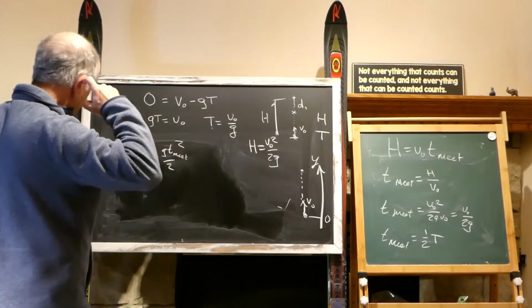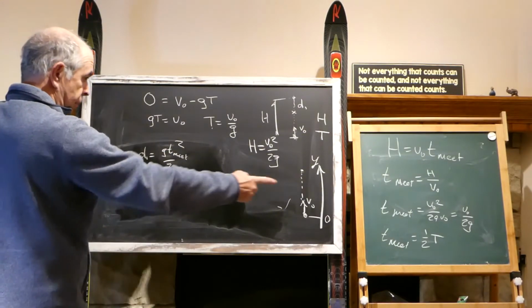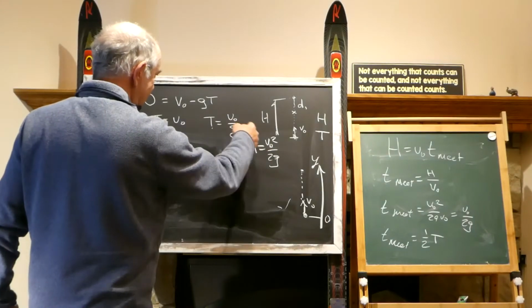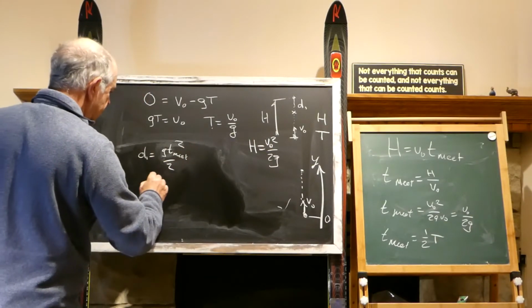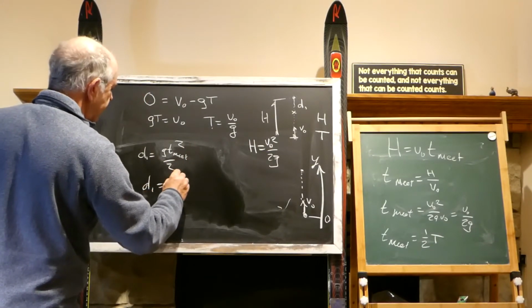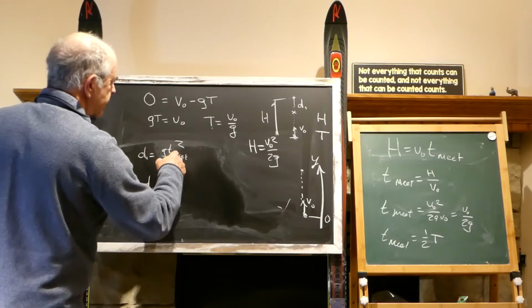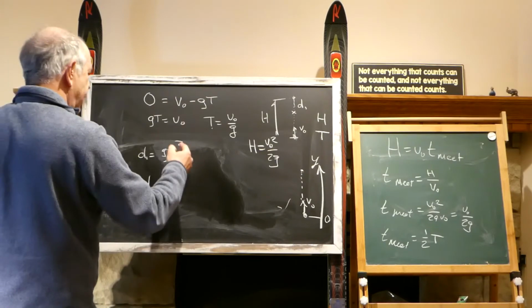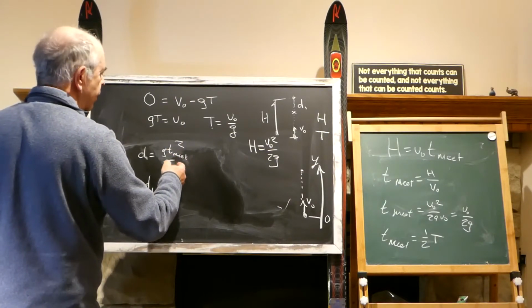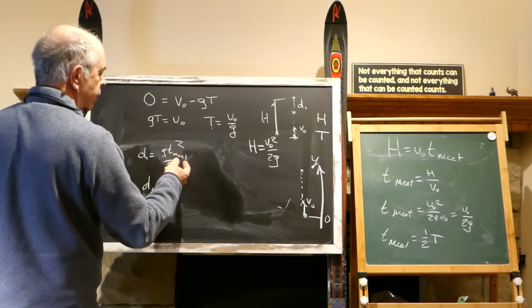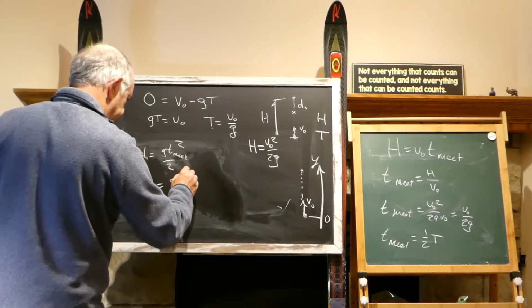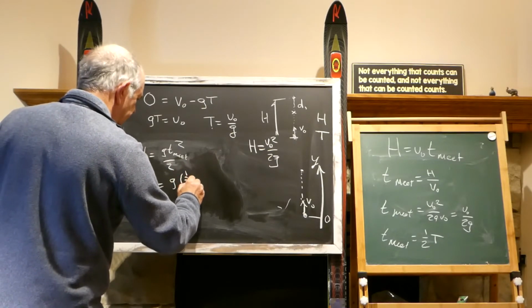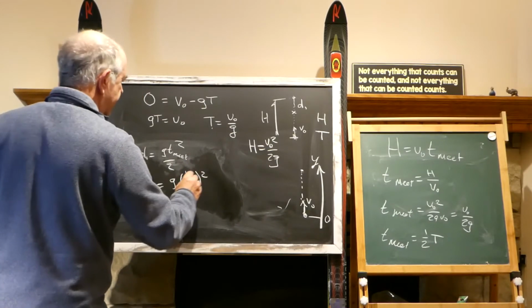And we can put this here, and we will have d1 equal g t meet, which would be 1/2, but it's squared, right? So it would be 1/2 over t squared.